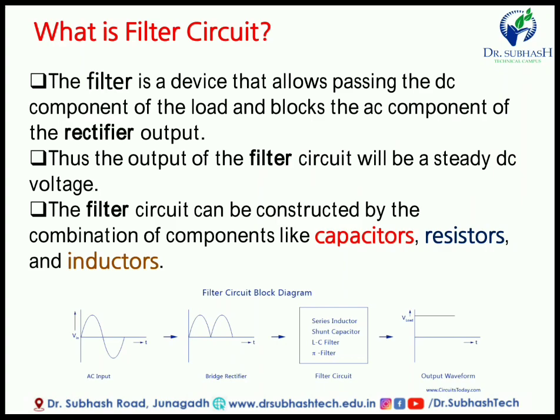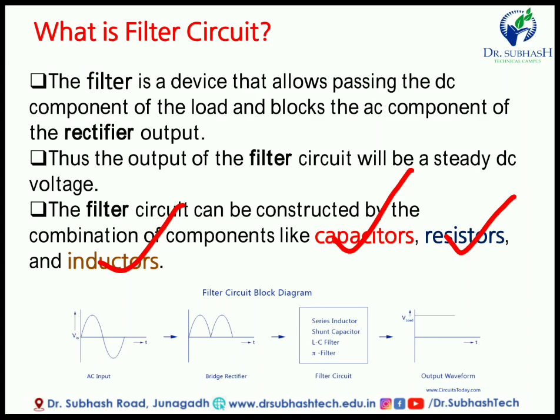If you want to design a filter circuit, you require three main components: first one is the capacitor, then the resistor, and the last one is the inductor. Using a combination of these components we can design a filter circuit, either with a capacitor or an inductor, or we can connect both capacitor as well as inductor with a resistor.